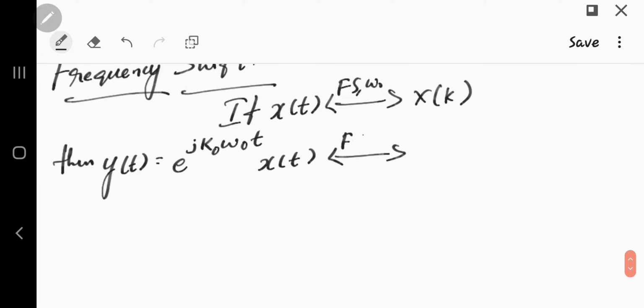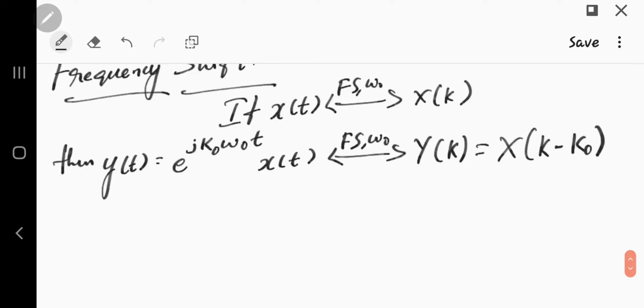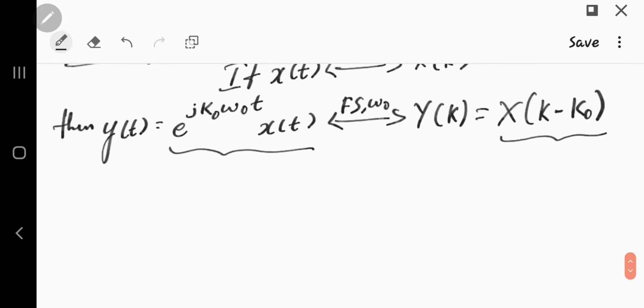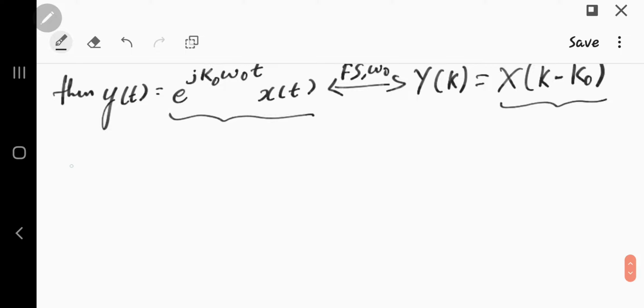So this, after performing Fourier series, what do we get as y of k? Y of k is equal to x of k minus k naught. So this is the statement. So here you can see we are performing frequency shift. So that means the shift will be happening in the frequency domain. So now how to get the proof, to check whether it is happening or not.